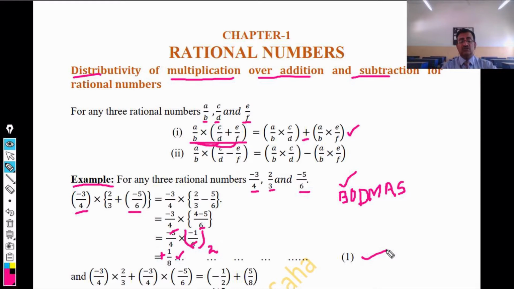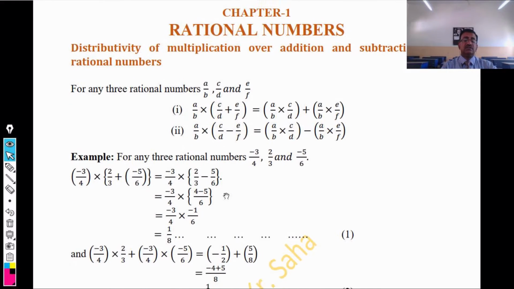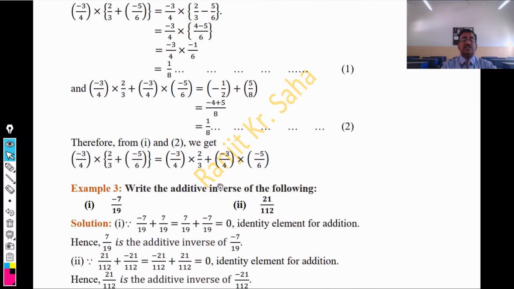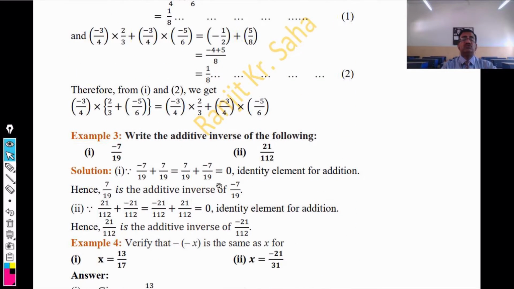Take it as equation number 1. Now, just solve the right hand side, that is minus 3 by 4 into 2 by 3 plus minus 3 by 4 into minus 5 by 6. To solve that, you have to remove the first bracket, you know that.